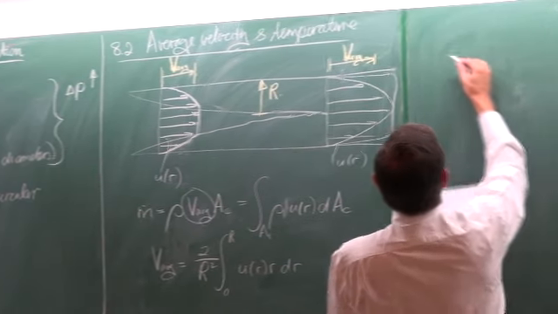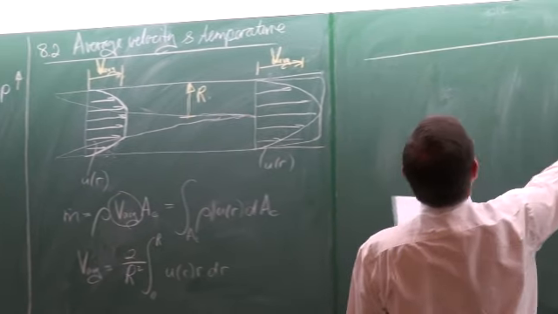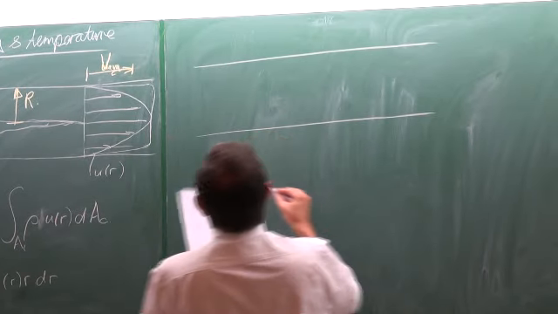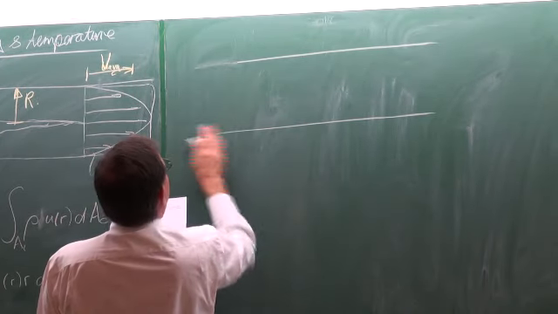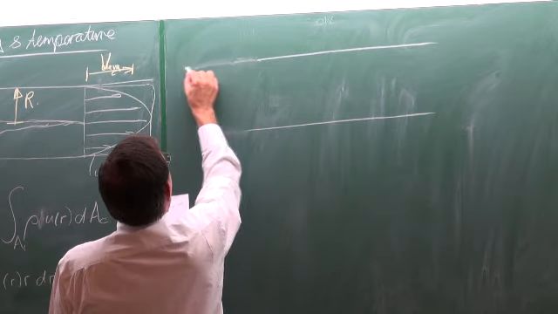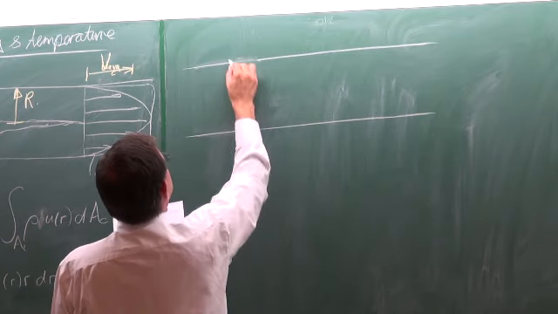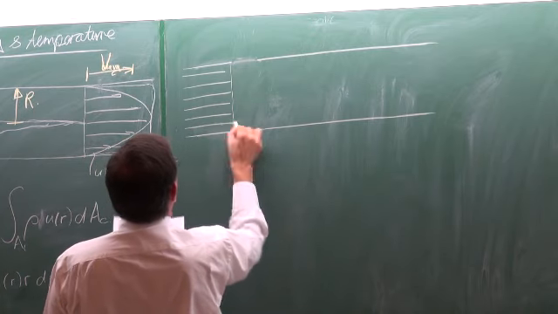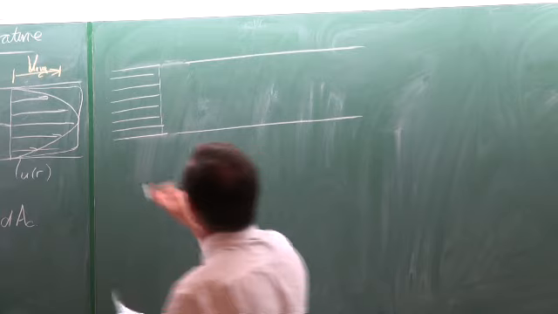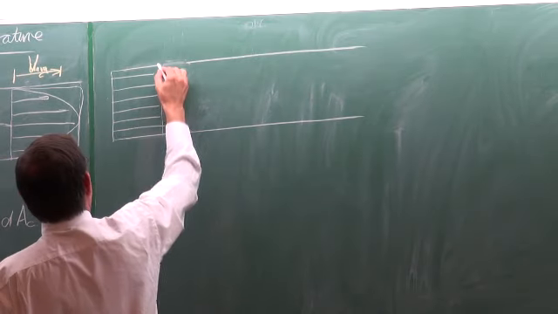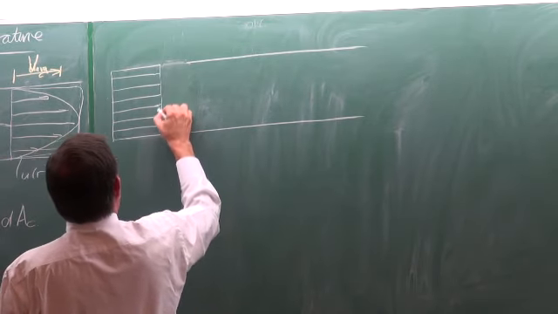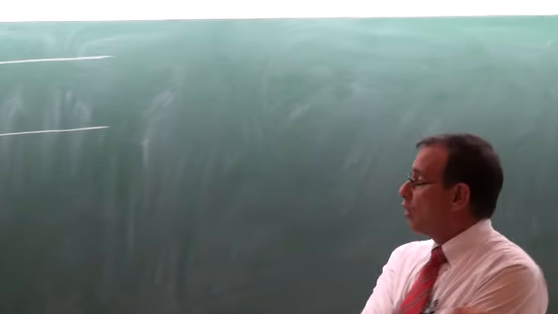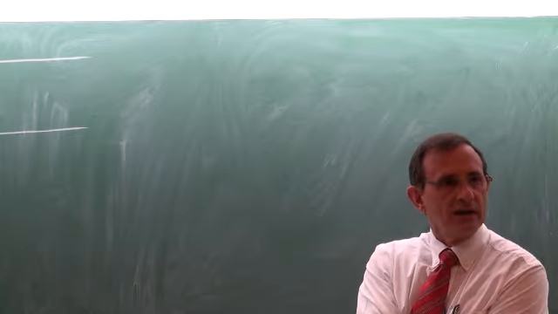If we look at the temperature in a tube, and let's suppose this distance is a representation of the temperature, the absolute temperature. Remember, it's not a vector. For that reason, we just show it as lines. So the longer the line, the higher the temperature.